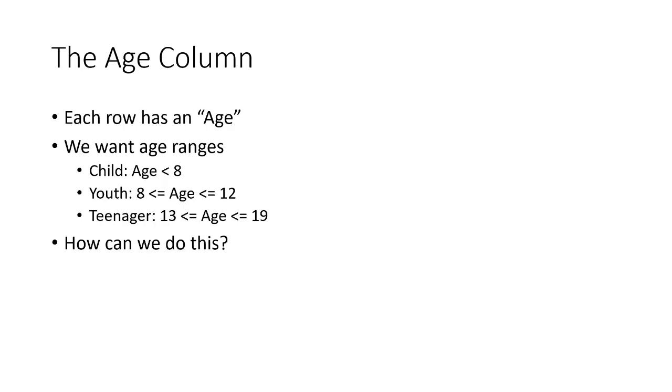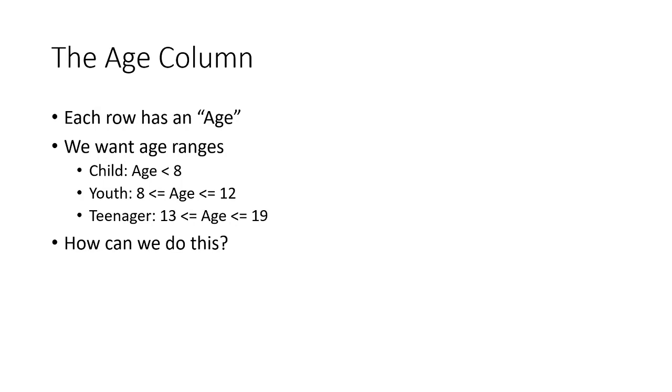How could we categorize all of our data into these 3 age ranges? In other words, how do we create a new column called age range with these 3 values: child, youth, and teenager.